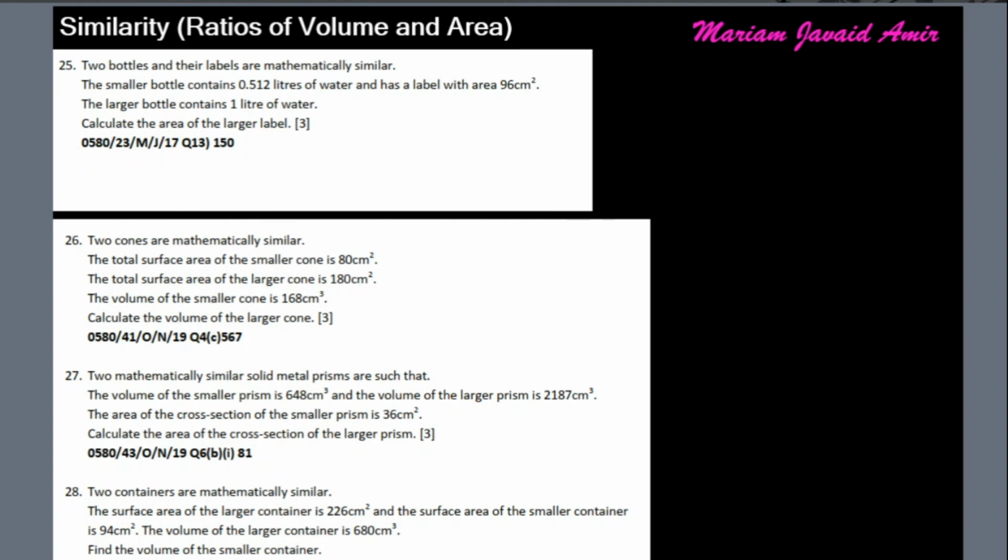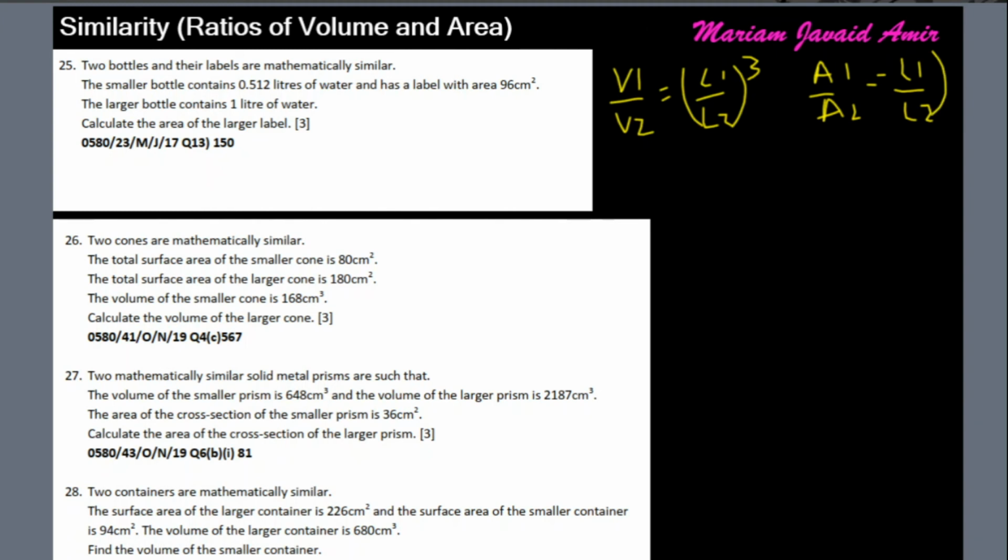Okay, there's also another quicker way of doing this. If you notice that V1 over V2 equals L1 over L2 whole cube and A1 over A2 equals L1 over L2 whole square. So L1 over L2 is common in both of these. So if I want to relate the formula for volume and formula for area, what we can do is take cube root over here.